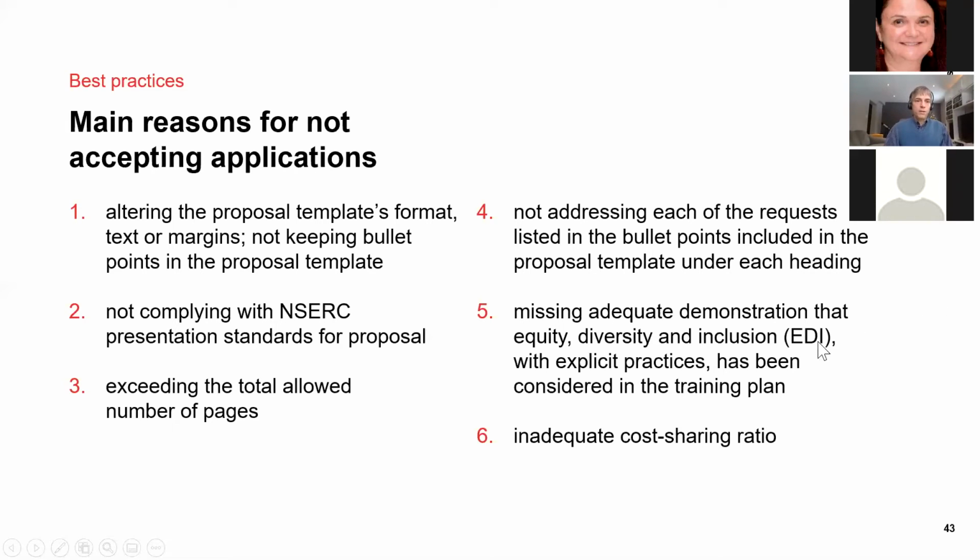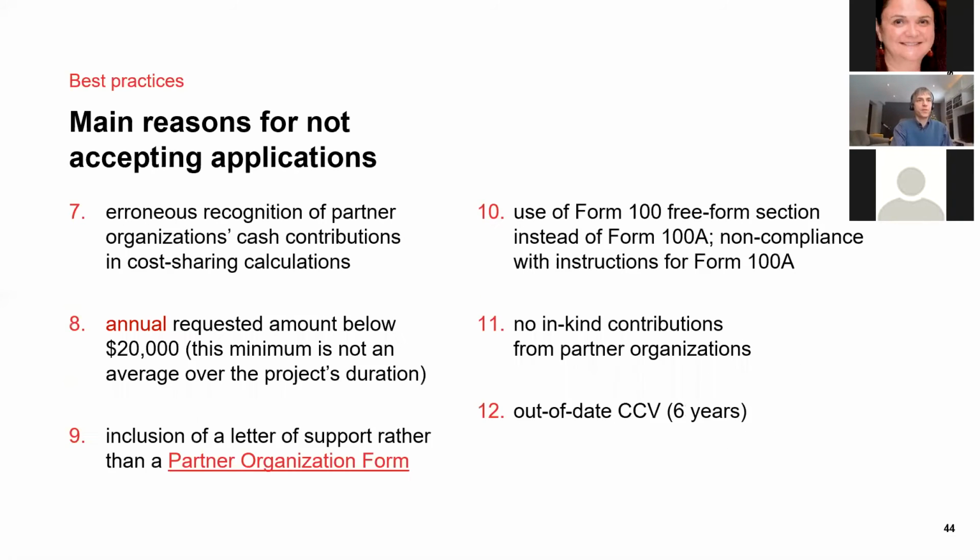EDI is one big one that still continues. It's better, but there are still a few rejects here and there. And so basically, as I mentioned later, we need concrete examples. With EDI, we've had a number which were too vague and got rejected, or an incorrect cost sharing ratio selected based on the partners that are there.